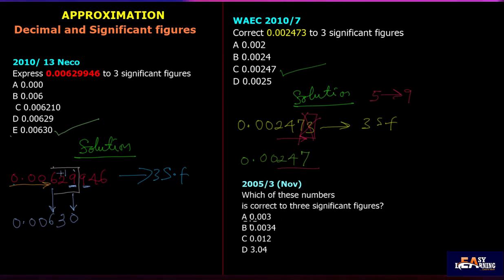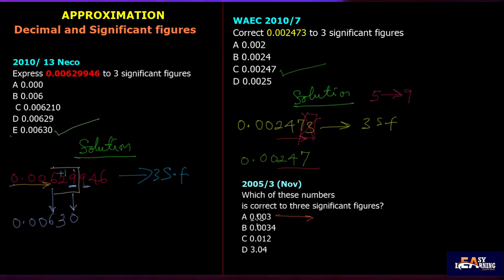Okay, looking at option A, 0.003. Let's observe something together. Option A has how many places of decimal? It has 3 places of decimal, but that's not 3 significant figures.